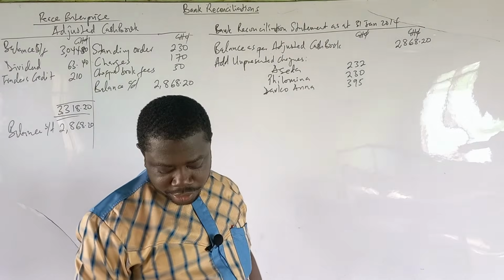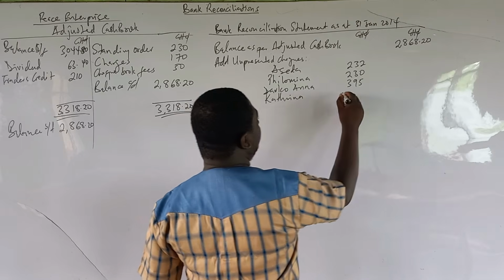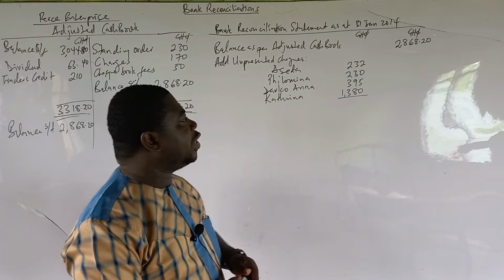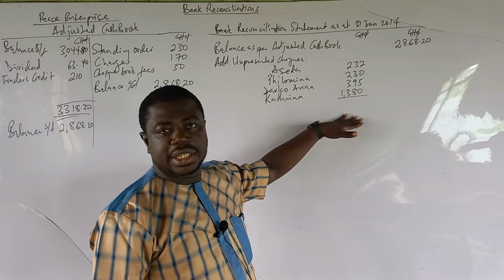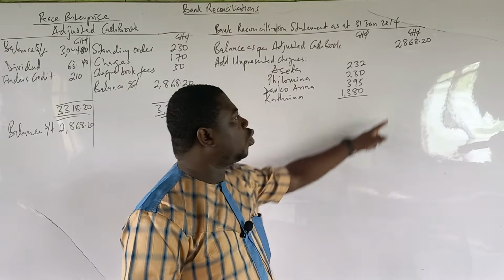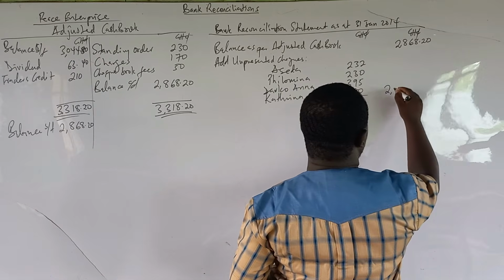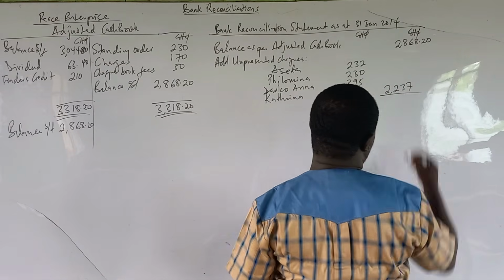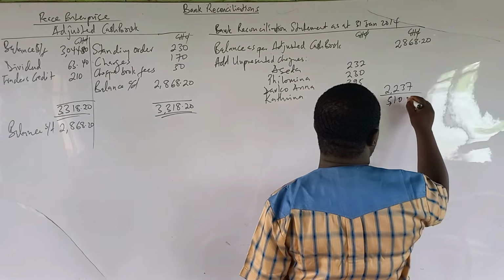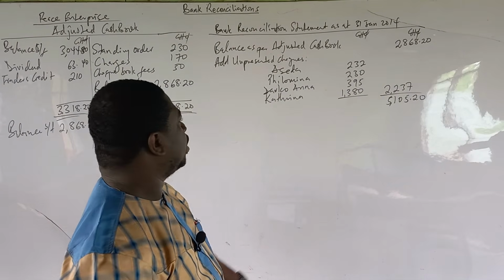And then finally there was Katrina's check, which was also not presented, 1,380. So these were 4 checks that we discovered were unpresented checks according to the principle that we studied. And so the total of the unpresented checks is 2,237 Ghana cedis. So when we add that, we have 5,105.20. So this is our total.